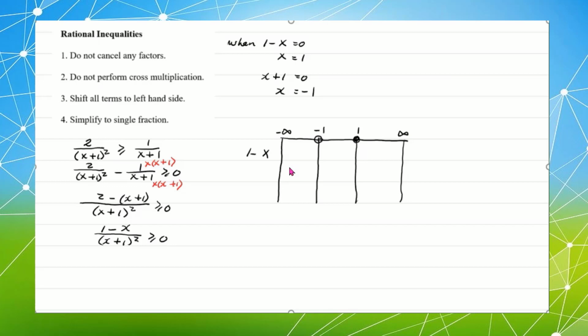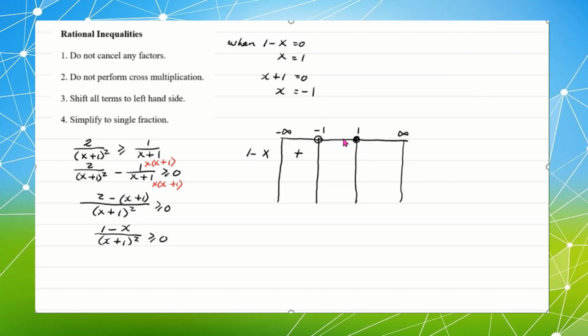In this case, it is positive, so we put a positive sign here. We can also choose another value. Let's say x equals -3, 1 minus x is +4, so it is still a positive value.